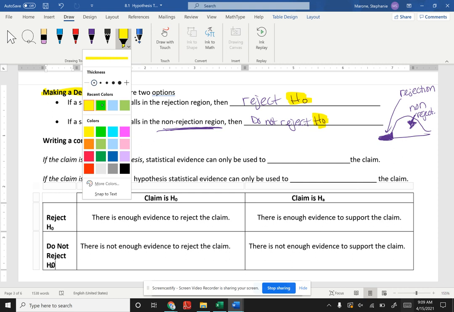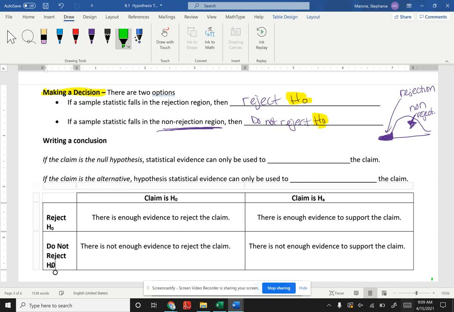Then from that decision, we write a sentence. This word at the end is always claim. And then all of this that's highlighted is always going to be the same.